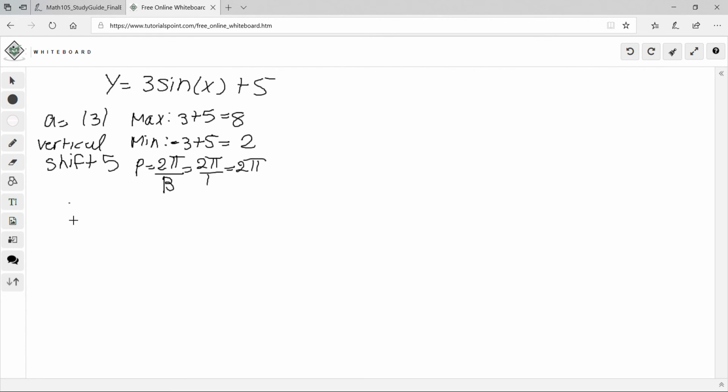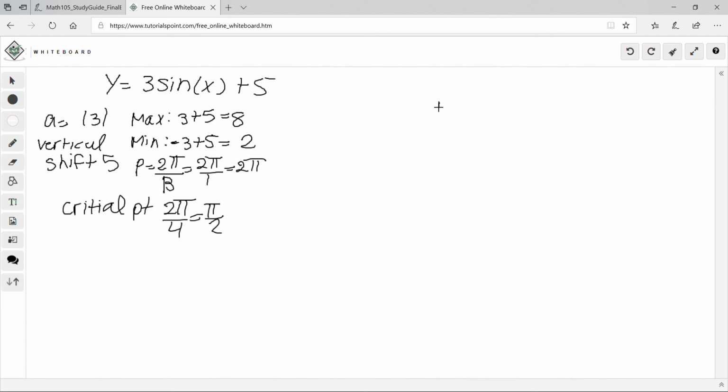And then our critical point is period over 4. So it's 2 pi over 4, which is pi halves. Now I think we can graph it.